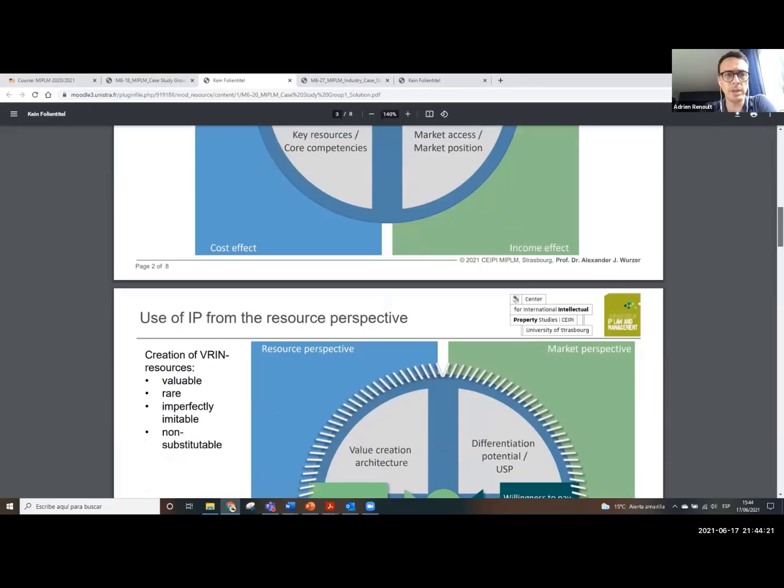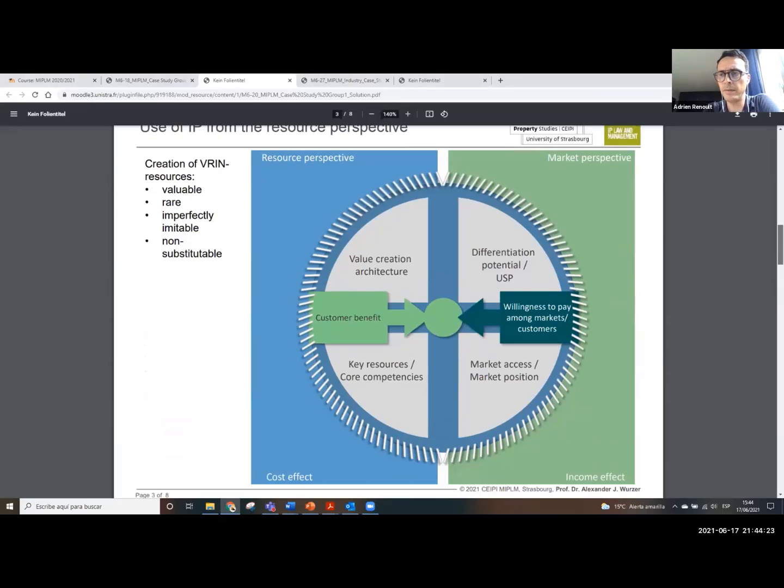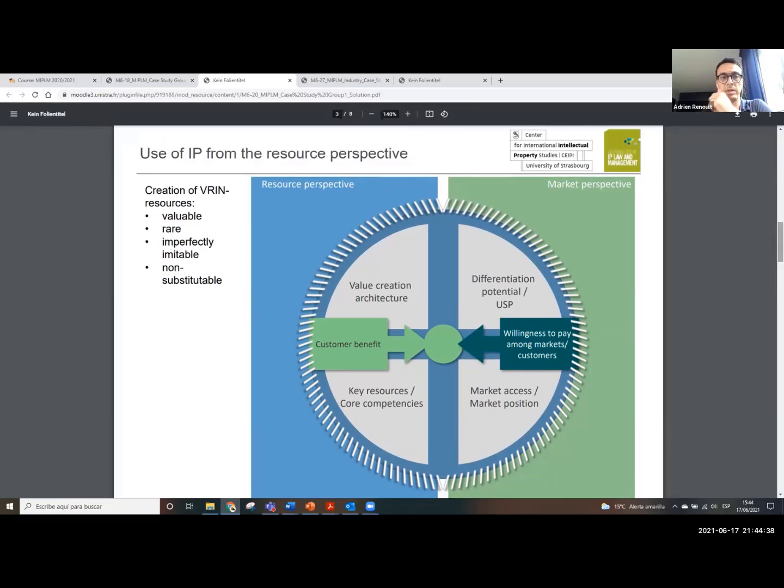Okay, if we look at the resource perspective, we want to have a resource that is VRIN, meaning valuable, rare, imperfectly imitable and non-substitutable. IP rights will help us to obtain imperfectly imitable or non-substitutable resources.